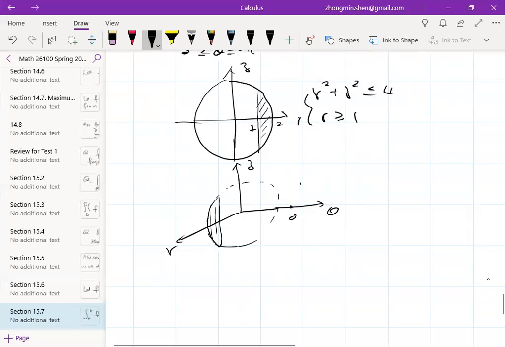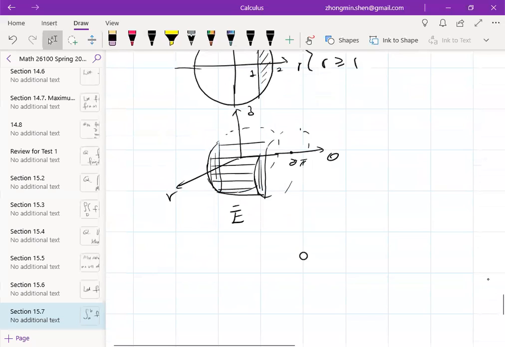Theta here is 2 pi. Yeah, that is a piece of the domain E.